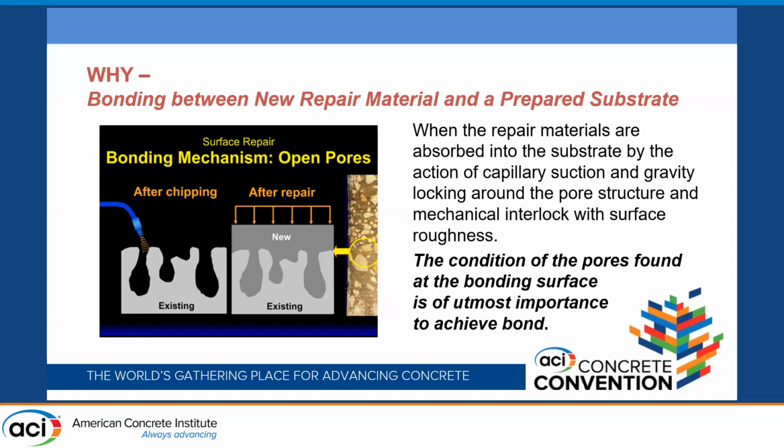When the repair material is applied, it is absorbed into the substrate by capillary suction and gravity, locking around the pore structure, along with mechanical interlock with the substrate. The condition of those pores at the bonding surface is most important because it directly affects the bond.